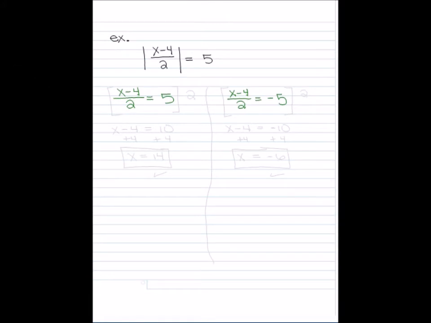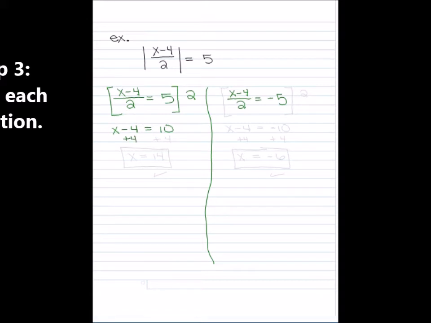Step number 3 is to solve each equation. For the first equation, I'm going to multiply everything by the LCD, which is 2, to get rid of the fractions. That gives me x minus 4 is equal to 10. Add 4, and so I get x is equal to 14.